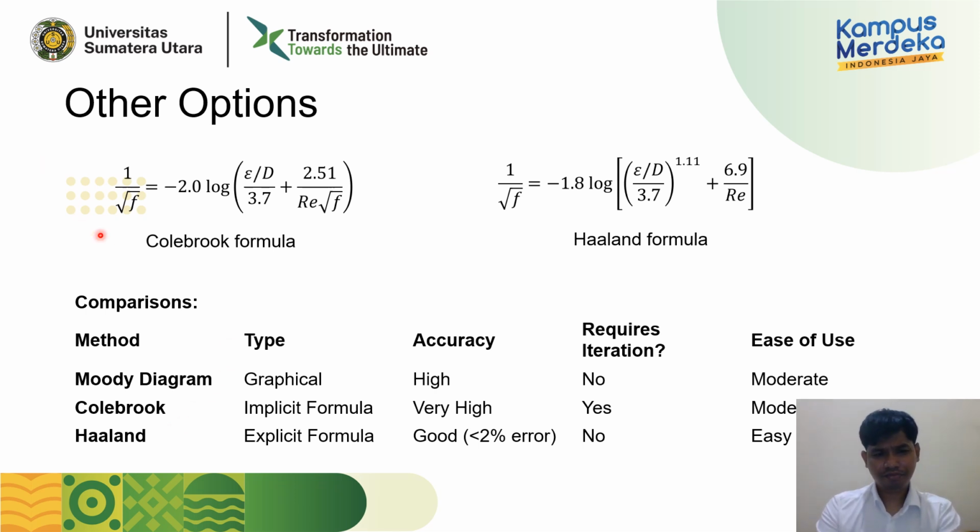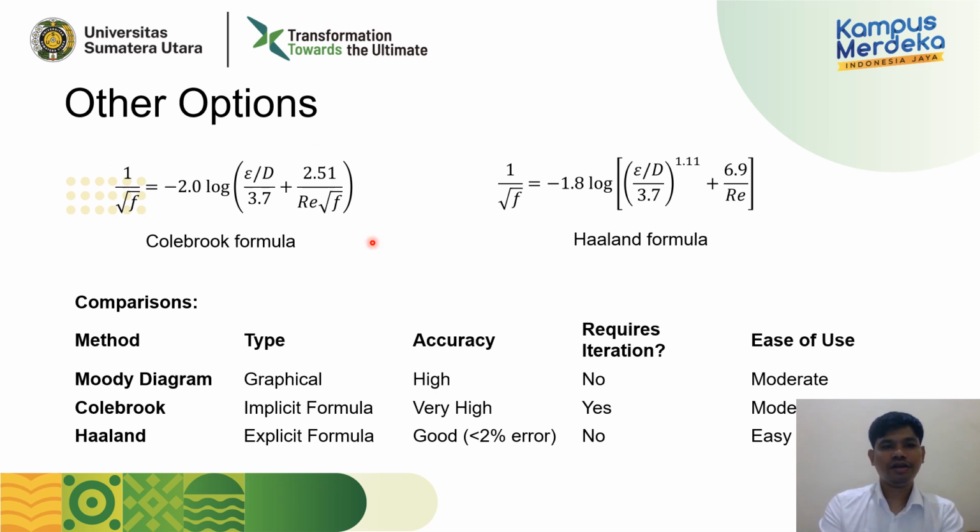Because you can see from this equation that on the left side we have the friction factor, but we also have the friction factor on the right side. That's why it is an implicit formula.